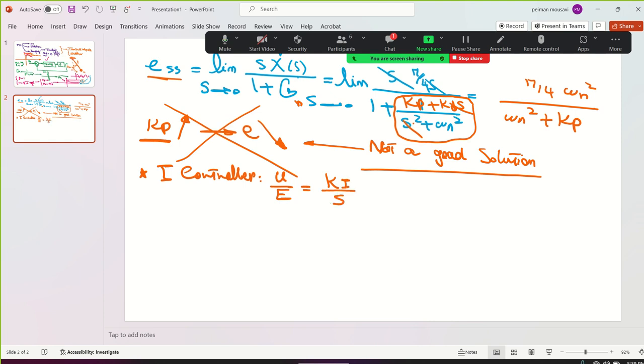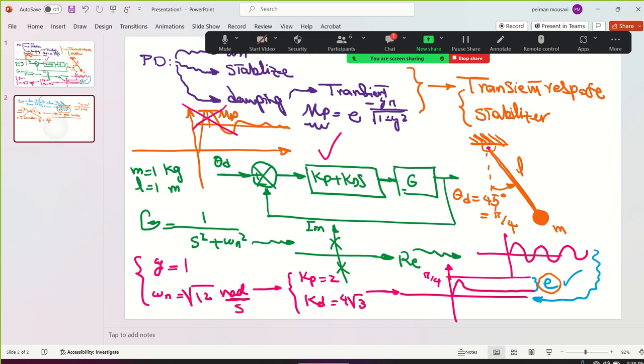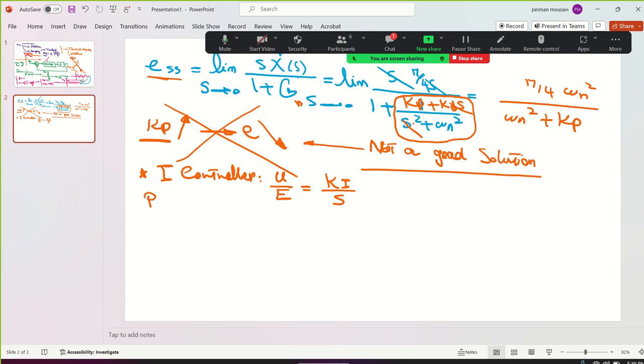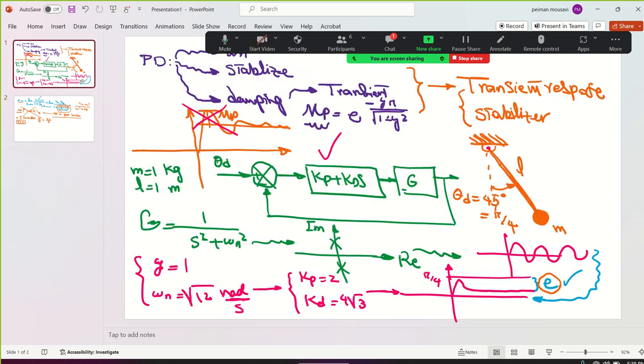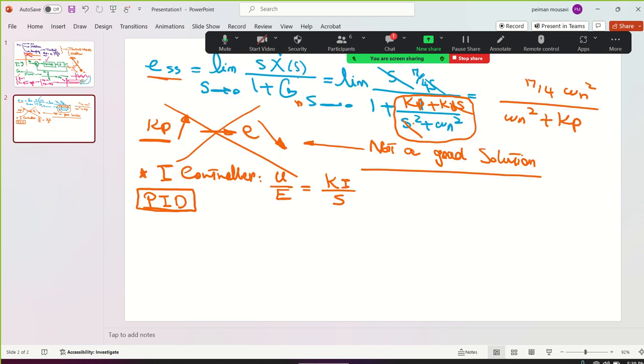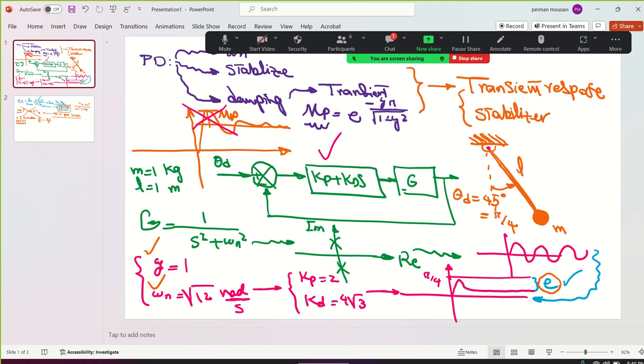By adding I, we have a PID controller. We had PD, which we designed in the previous class based on your boss's request. Now we are adding I, so I'm going to add here plus Ki over s. PID.